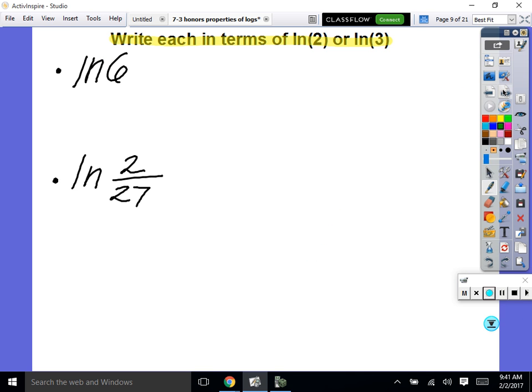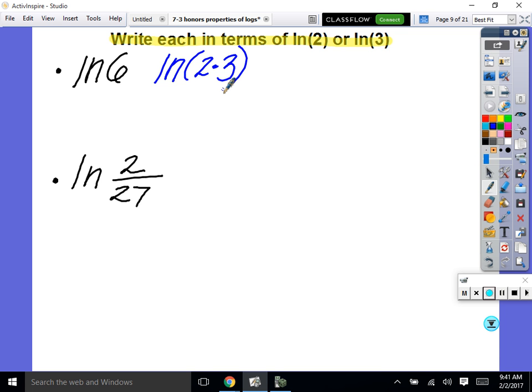So it says, write in terms of ln of 2 or ln of 3. So just look at the instructions here. It says, given the ln, write it in terms of ln of 2 or ln of 3. So instead of ln of 6, it needs to be in terms of ln of 2 or 3. So how can we rewrite 6 as 2 and 3? ln of 2 times 3, correct, everybody?